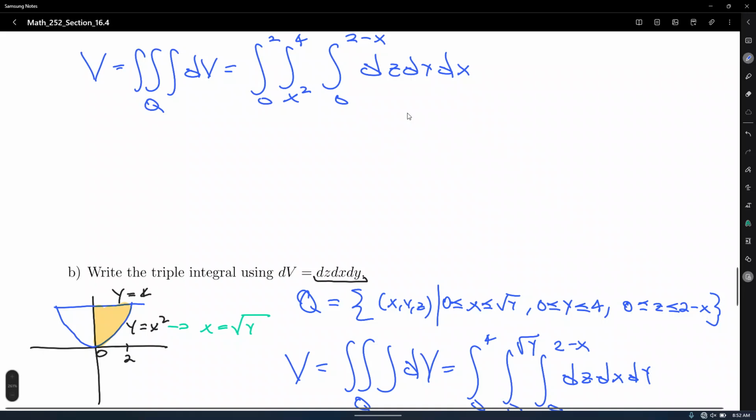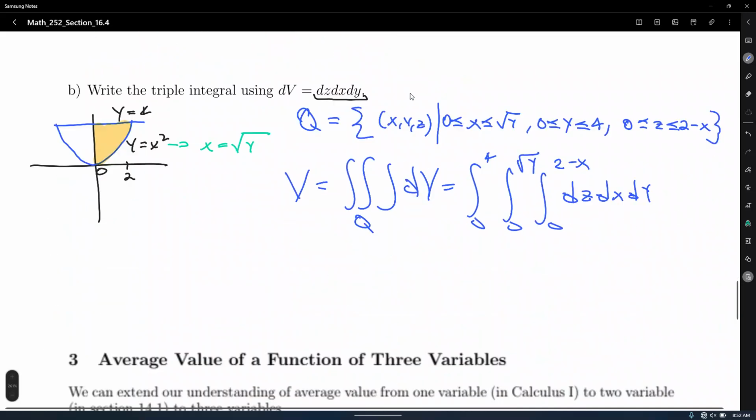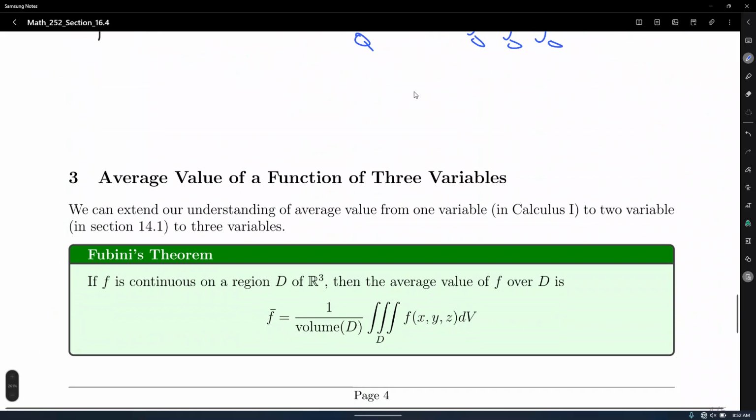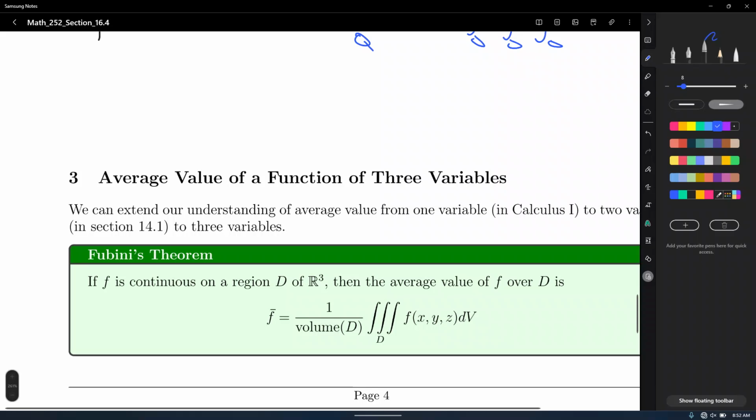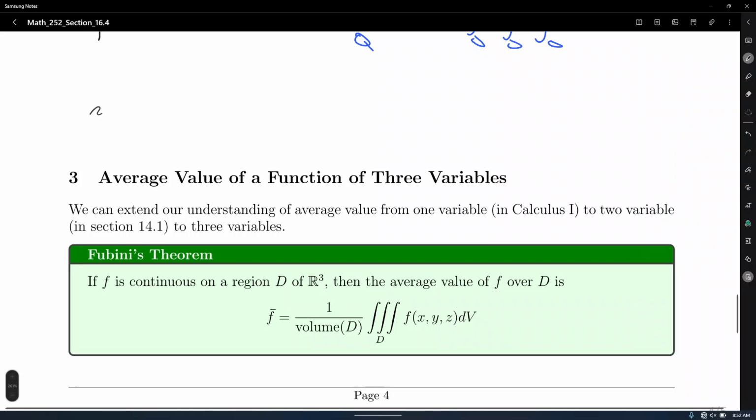All right? Okay, so just to wrap up the section and take a break, why not look at the average value of a function for three variables? You might remember how for the case of a single integral, f bar equals the integral from a to b of f of x dx times 1 over b minus a.